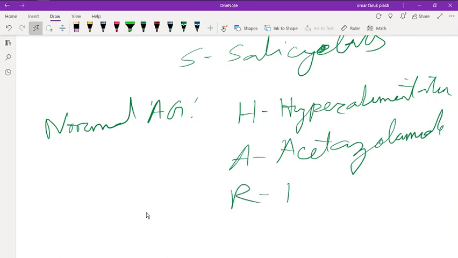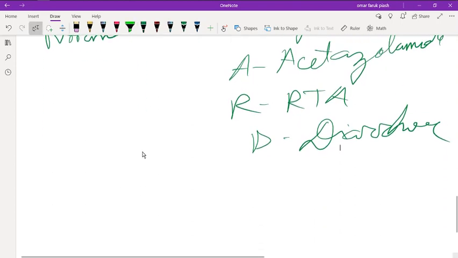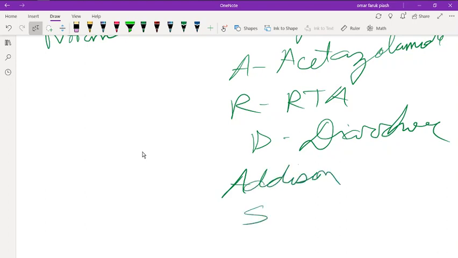R for renal tubular acidosis. D for diarrhea. A for Addison's disease. S for spironolactone, and S for saline infusion.